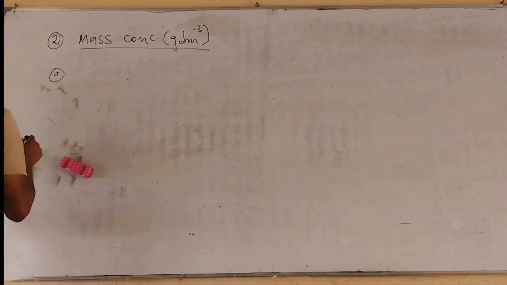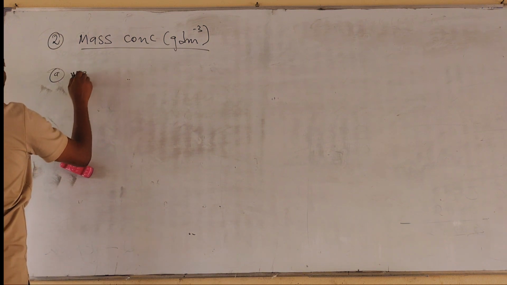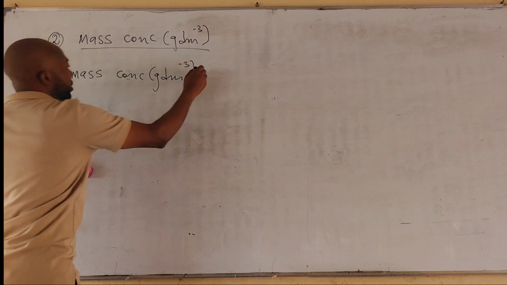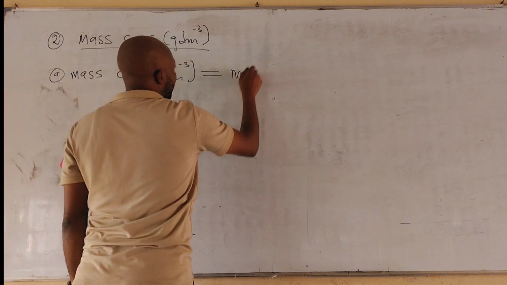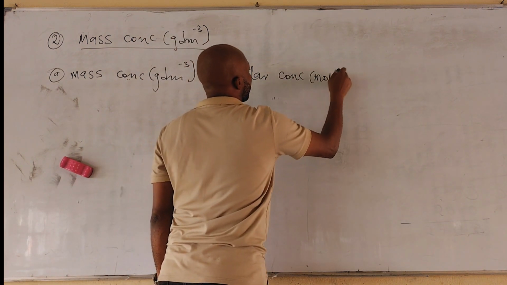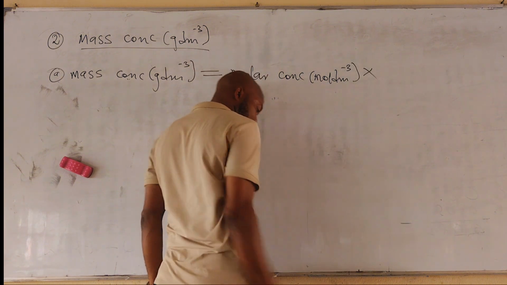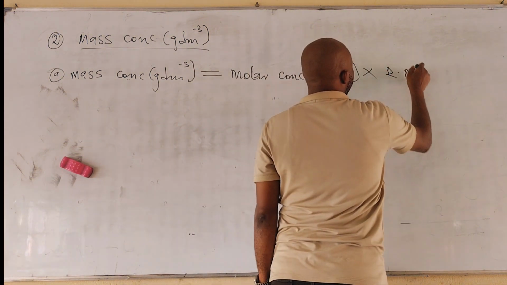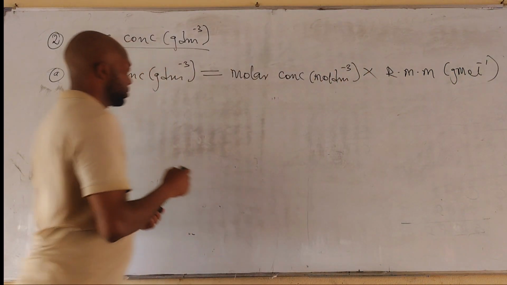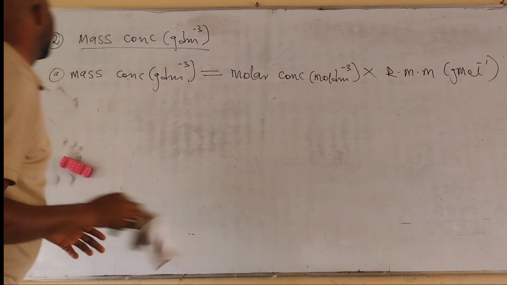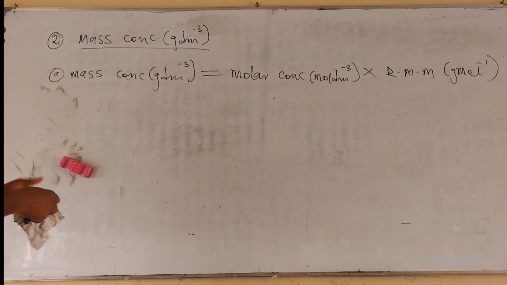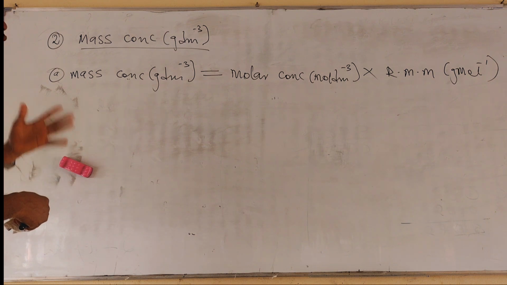A, for mass concentration we say mass concentration in g/dm³ is equal to molar concentration in mole per dm³ times relative molecular mass in g/mole. So this is our first formula for mass concentration. We say mass concentration is equal to molar concentration in mole per dm³ times relative molecular mass.